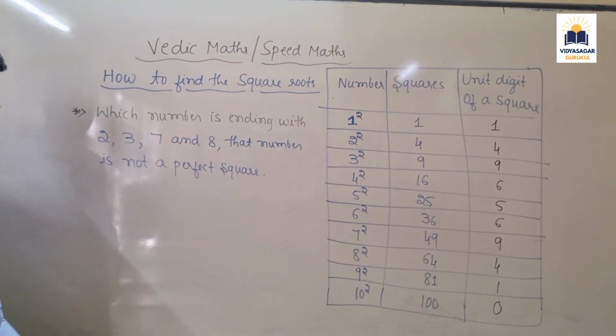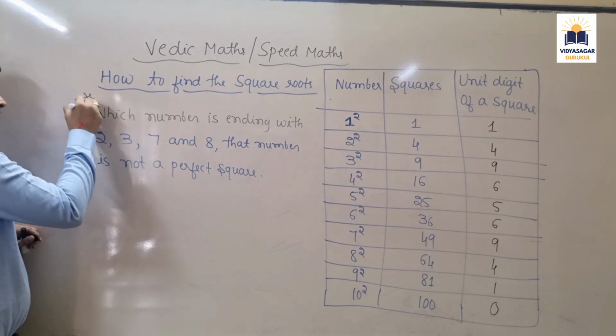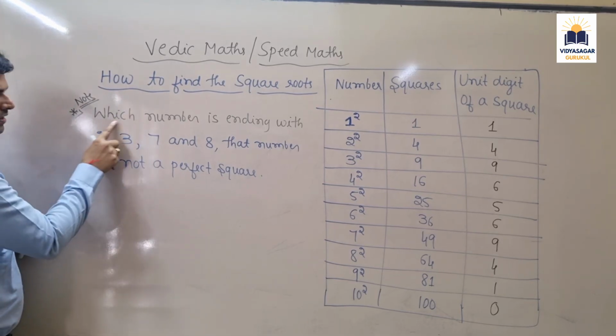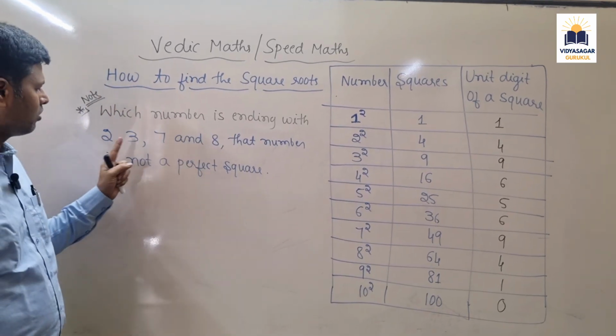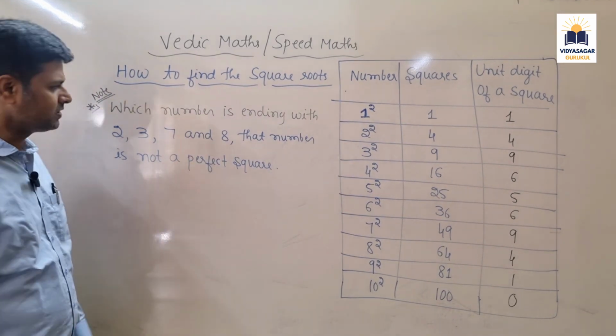So here there is one note you have to consider. This is one note, very important. Which number is ending with 2, 3, 7 and 8? That number is not a perfect square.